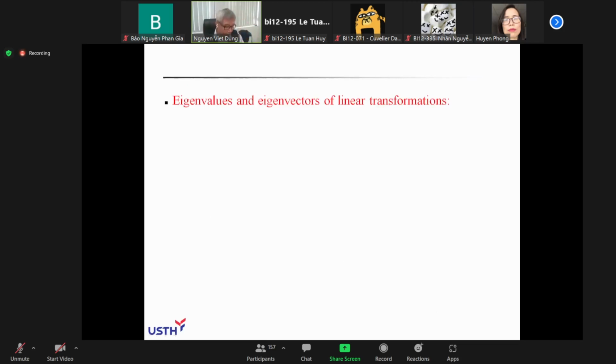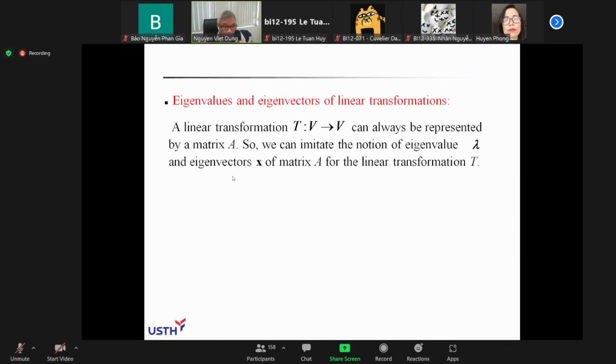Next, we define the eigenvalue and eigenvector for any linear transformation. We know already that if we are given a linear transformation T from V to V, it can always be represented by a square matrix A. First, we fix a basis B on both sides.